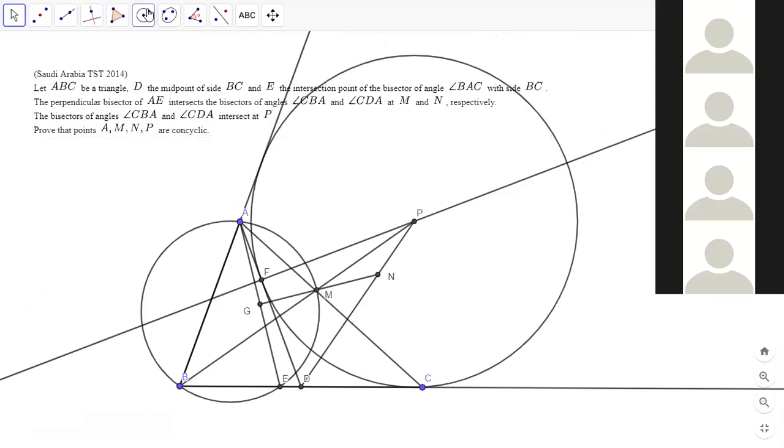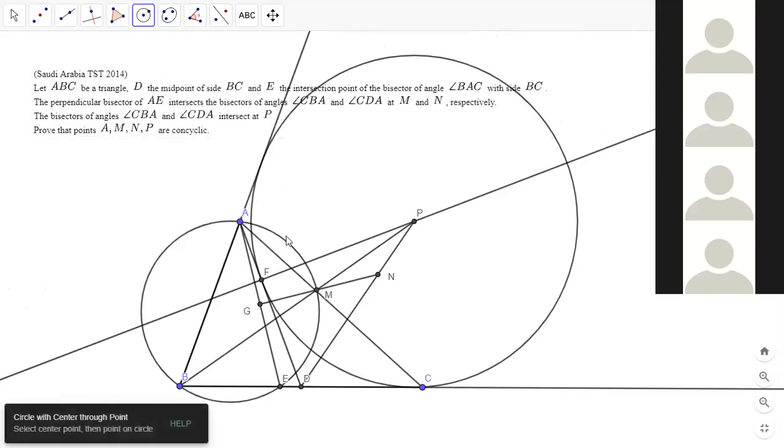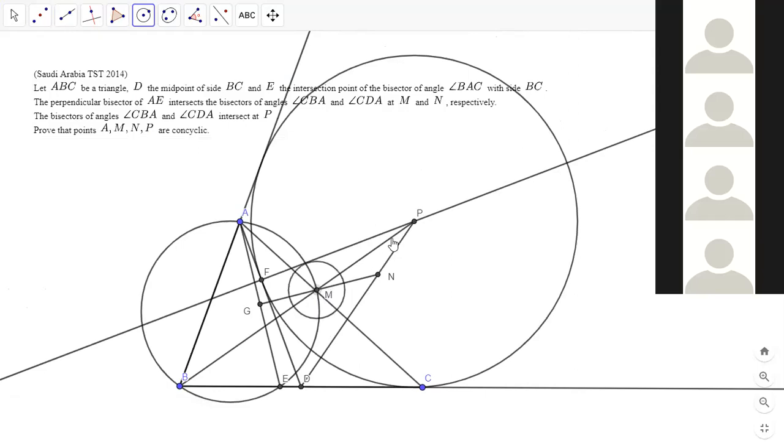Maybe we could use like the in-center X-center lemma. So, whoops. No, that doesn't look right.